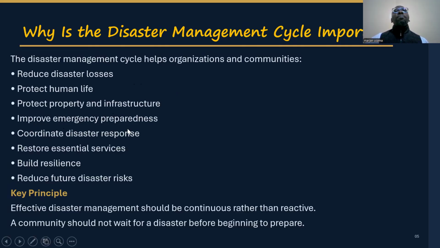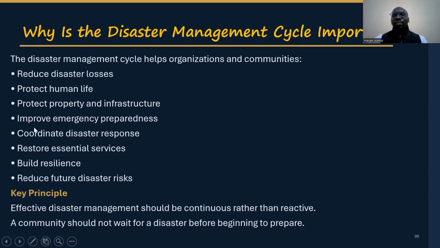Then improve emergency preparedness. It also helps us to up our game when it comes to emergency preparation. Then coordinate disaster response, because when a disaster happens, between the stakeholders, we have the government, we have the NGO, we have the community. So there needs to be effective coordination between all the stakeholders.